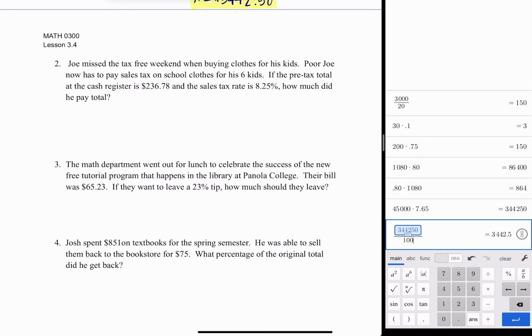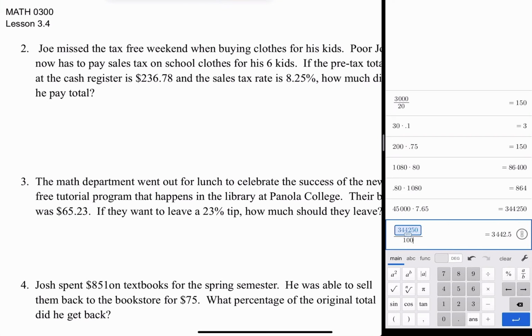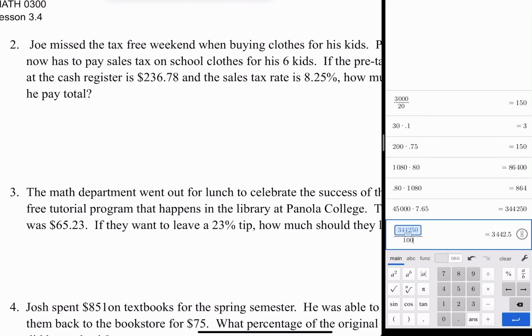It looks like we need to do 2 steps. The first thing we need to think about is how are we going to find his total? Well, when you go to the register to make a purchase, your total is the price plus the amount of sales tax.